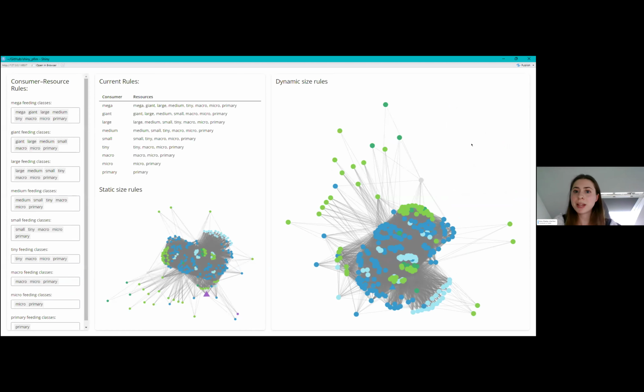And this can have really big implications, not only for when you're looking at food web structure and function, but also if you're considering the specific positions of taxa. So another part of my research, which I didn't talk about here, is that I'm interested in the impact of extinctions on the trophic positions of top predators.